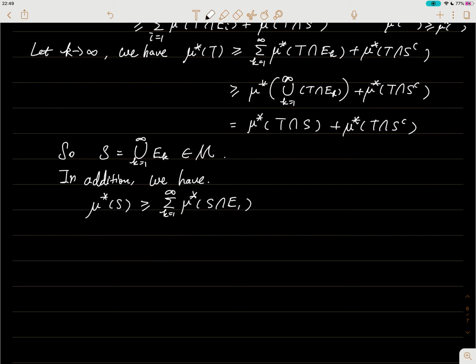As we said, we're just taking T as S. But this term will be gone because it's just the intersection of S and S complement, which is the empty set. And the intersection of S and E_k, where S is the union of all the E_k's, is nothing but E_k itself. So we're just having mu star of E_k. On the left-hand side, this is just mu star of the union.